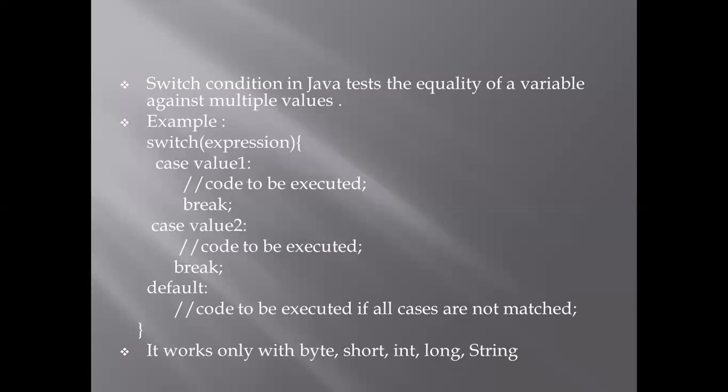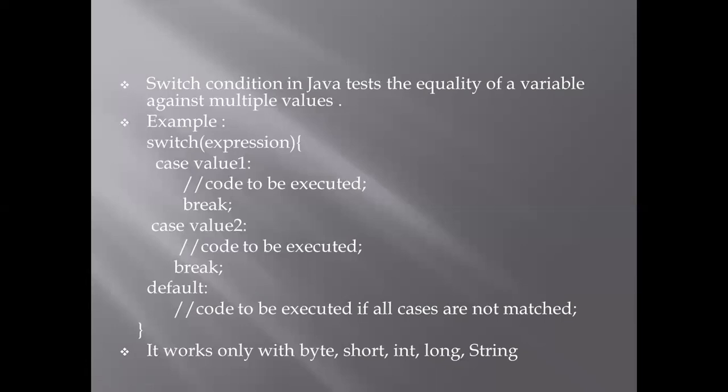After that, we will create our switch body with an opening curly bracket and a closing curly bracket down here. In between these two curly brackets, we will put our cases, like case and value 1. If this expression equals value 1, please execute this code, and then put the break keyword.